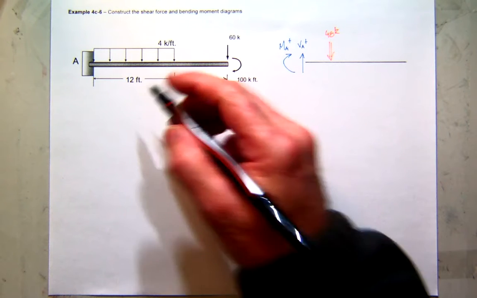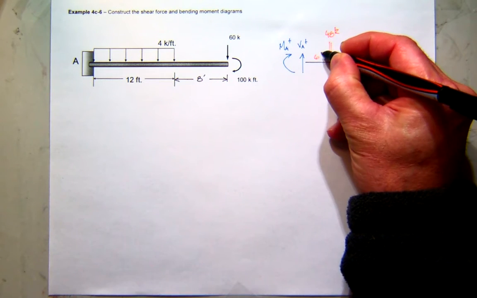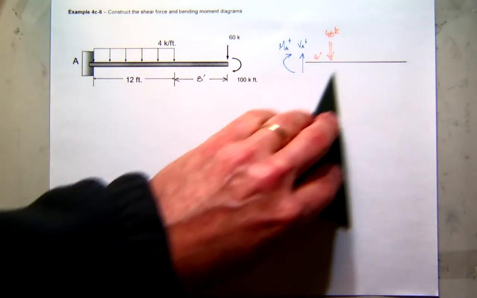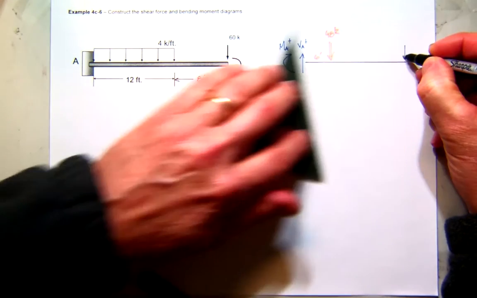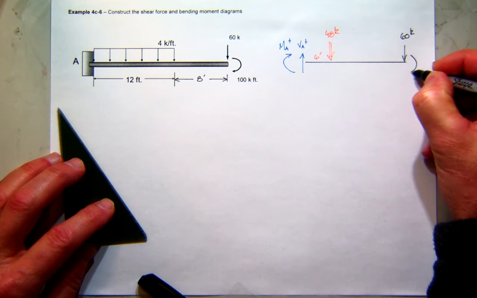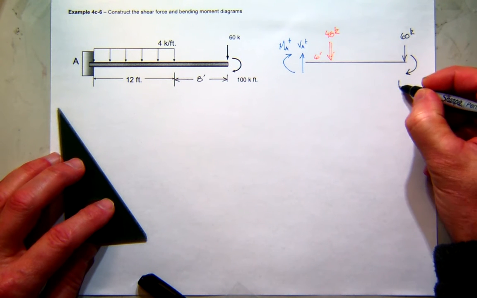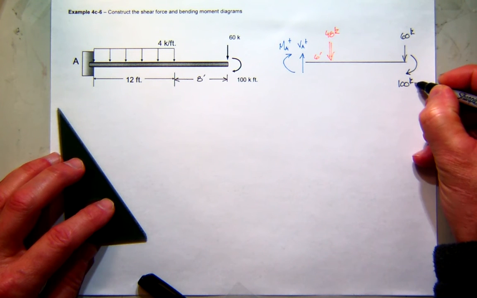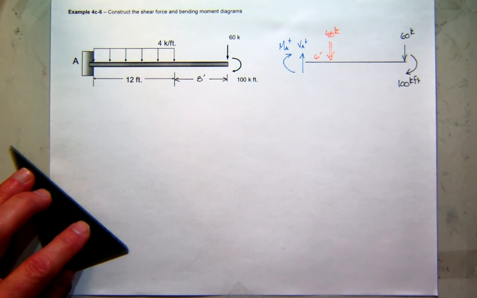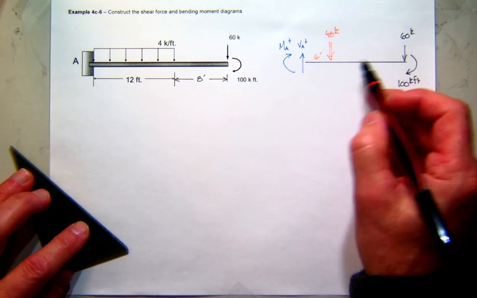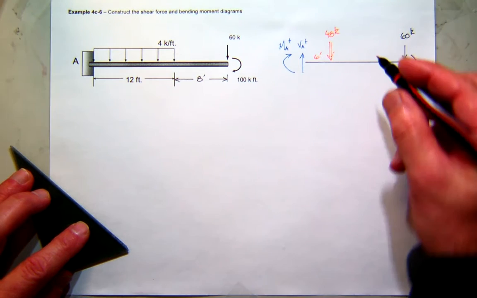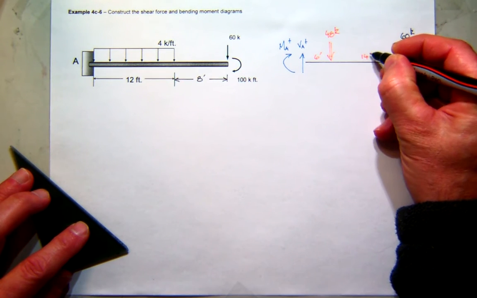Right in the middle, so that would be 6 feet from the end. Then out on the end, I have an applied force of 60 kips and an applied moment, pretty big, 100 kip feet. The remainder of this distance, since the total is 20, 12 plus 8, take away 6, will be an additional 14 feet.